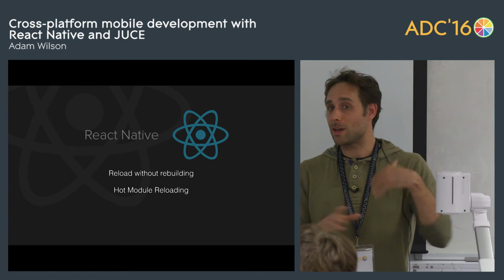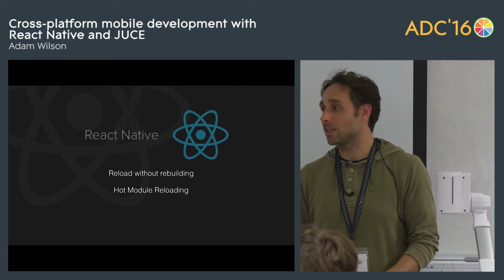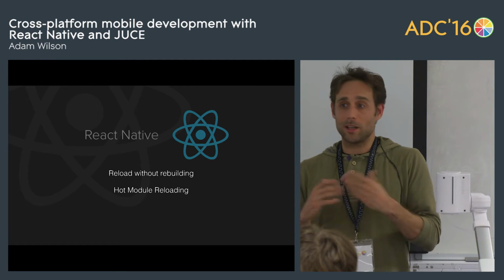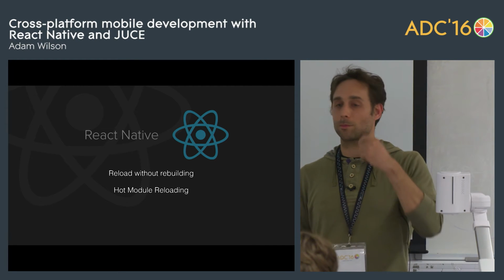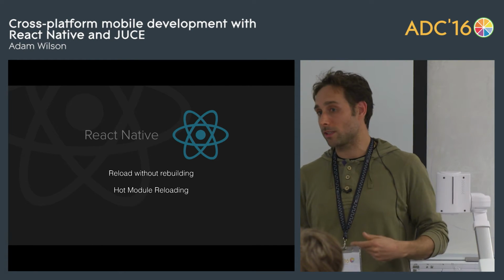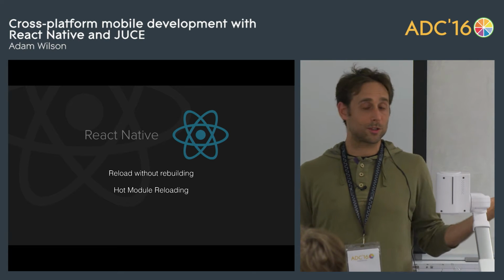So you could be many pages deep into your application and it changes. So this enables really fast iterations, especially for tweaking user interfaces, much like you get from using the Producer.